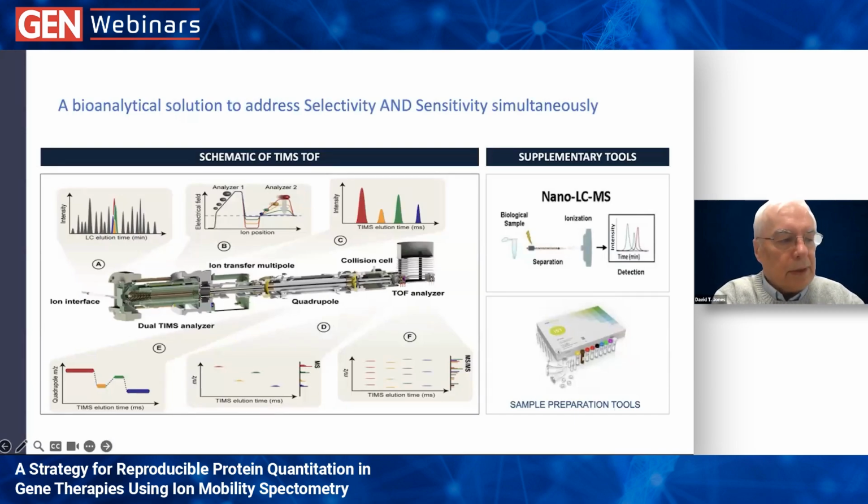And so the IMS, besides increasing selectivity and specificity, right? Also, in the case of a trapped IMS, can increase the sensitivity. So you're really getting all three of those important issues addressed in one run, when you inject the sample.